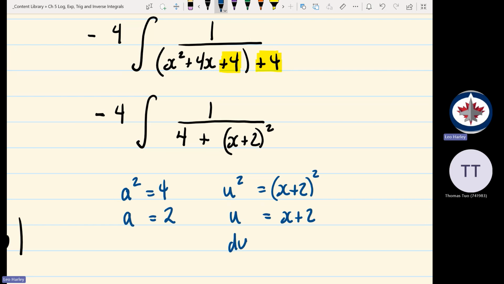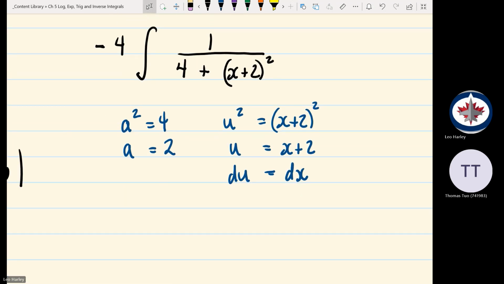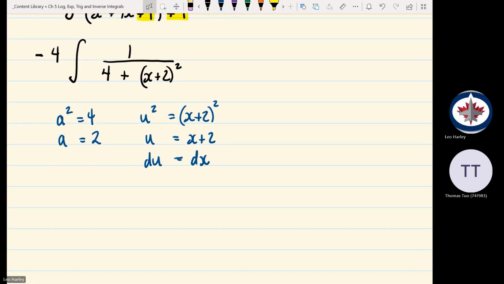But then don't forget that du will simply be the same as dx. Then if you wanted to, you could rewrite this as minus 4, the integral of 1 over a squared plus u squared du.